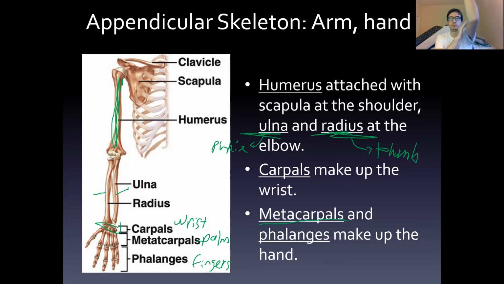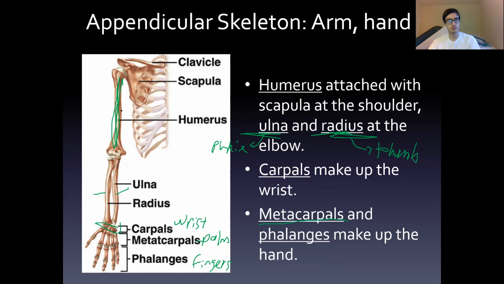So humerus in your arm, ulna and radius in your forearm, carpals, metacarpals, phalanges up here.